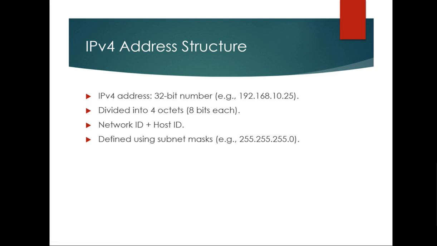Next, IPv4 address structure. As we are using IPv4 addressing, how does it work? An IPv4 address is a 32-bit number, for example 192.168.10.25, divided into 4 octets, and in the IP address there are two parts: network ID and host ID, defined by using the subnet mask. For this IP, 192.168.10.25, the subnet mask will be 255.255.255.0.